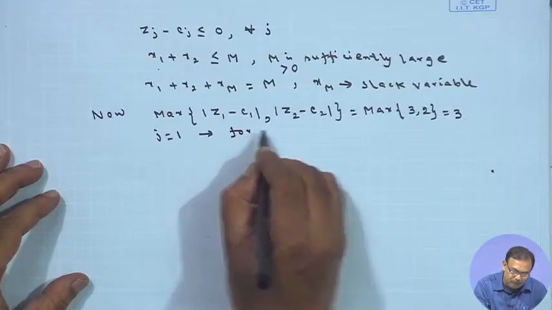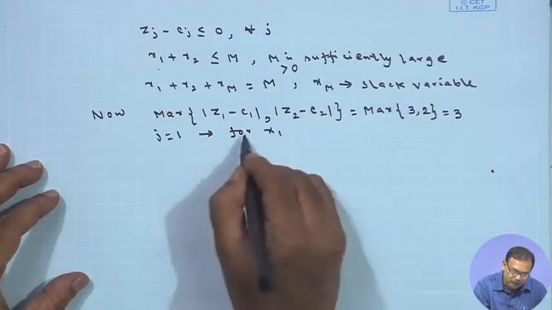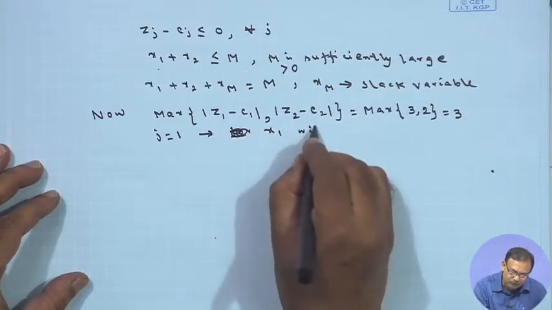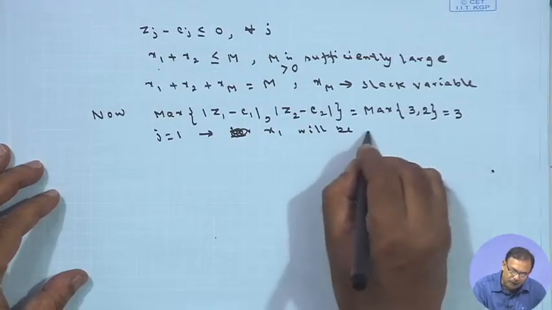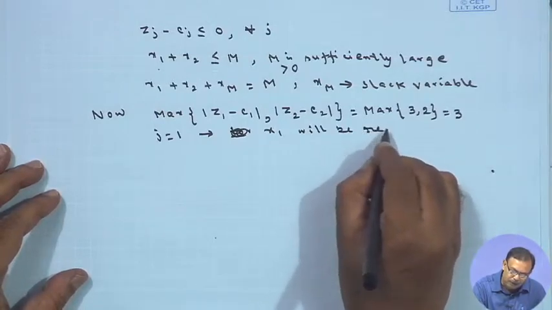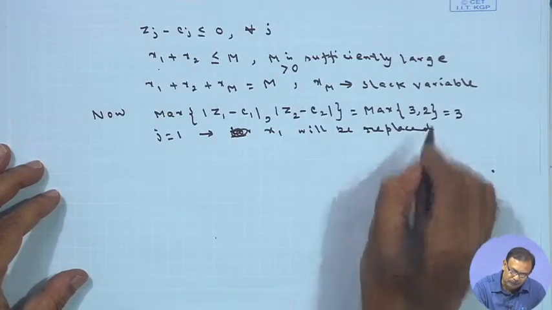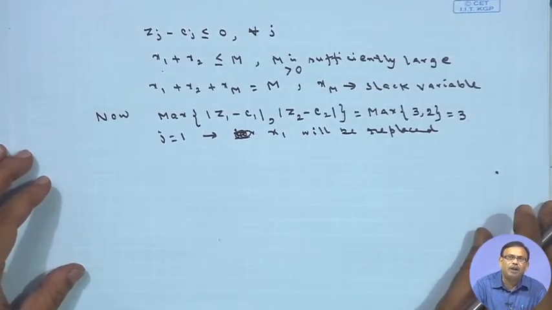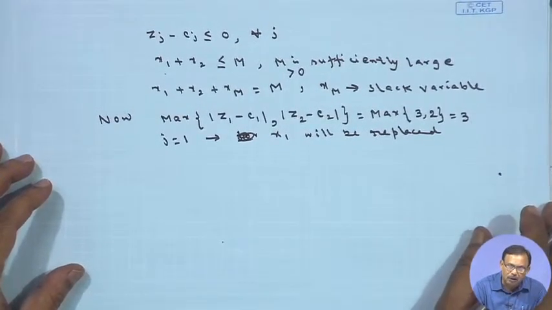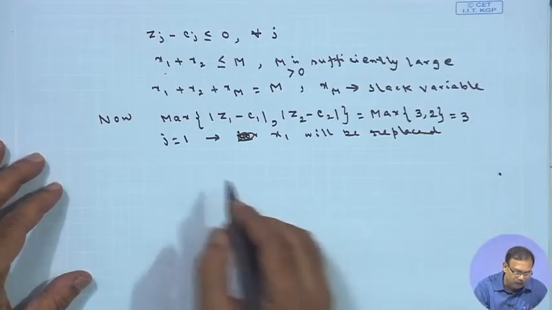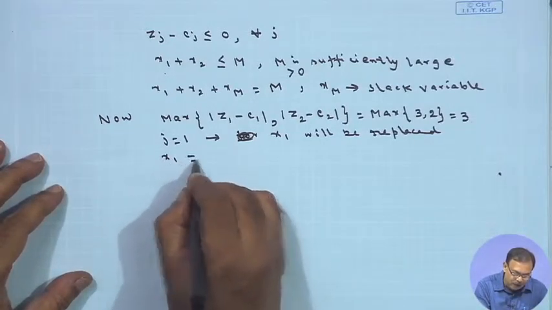So I have to replace x 1, which will be substituted in both the objective function as well as the constraints of the original problem. And what is the value of x 1?